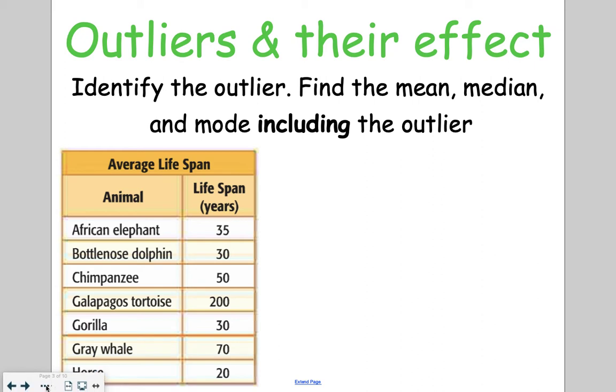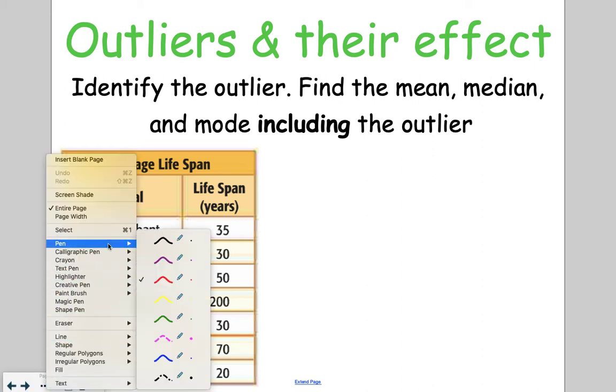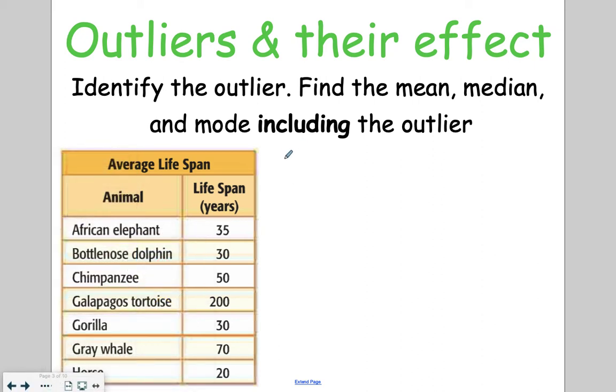So first, we're going to identify that outlier, and in this case, the outlier is going to be the Galapagos tortoise, and that's because the rest of the data is all under 100, and the Galapagos tortoise is all the way up at 200, so it doesn't really fit with the rest of the data.